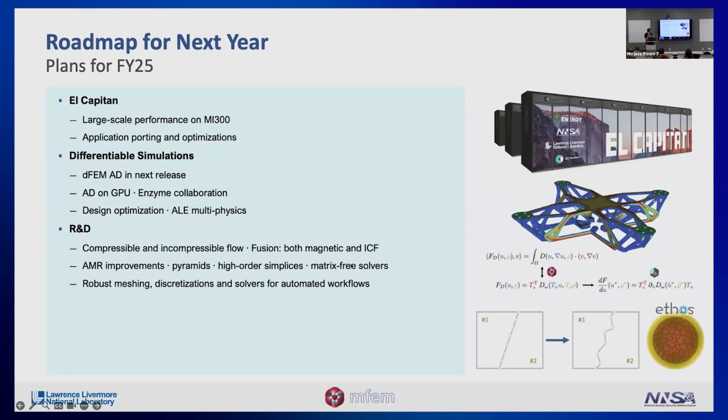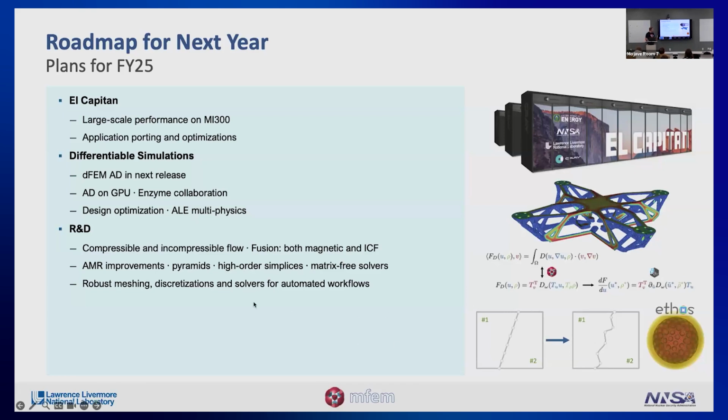On the fundamental finite element side, I mentioned several AMR improvements. Pyramids are coming, support for pyramids and mixed meshes. We want to look at being more efficient with simplex meshes, because they're easier to mesh. Additional improvements in matrix-free solvers. These are all areas in which we want to continue to work.